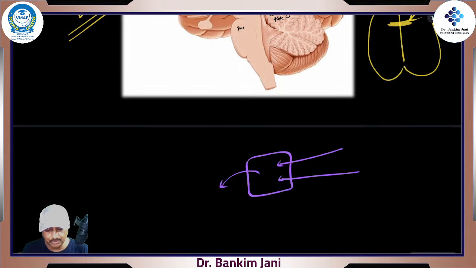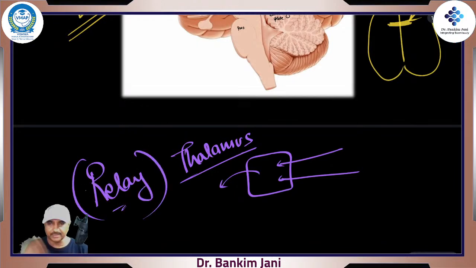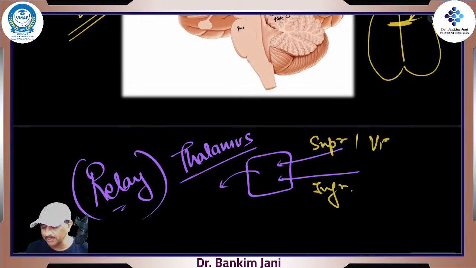What's the function of the thalamus? Basically, the thalamus is a very powerful relay system. All sensations except smell come to the thalamus. The thalamus relays them and sends them to the cortex. The superior colliculus takes care of the visual: all visual sensations come via the superior colliculus.